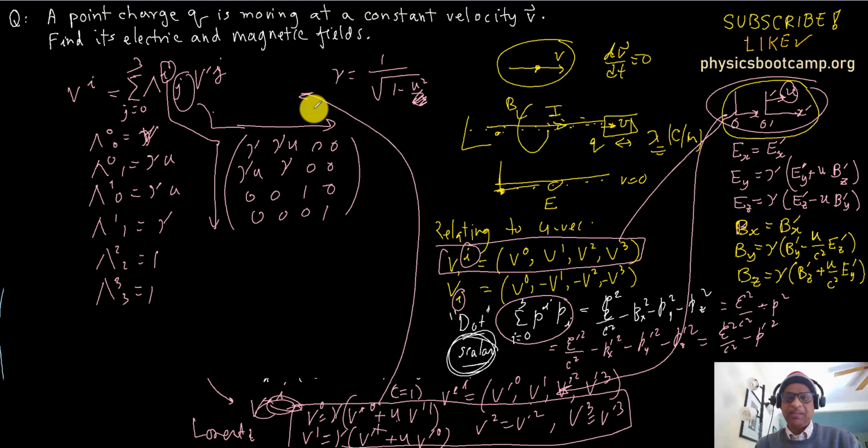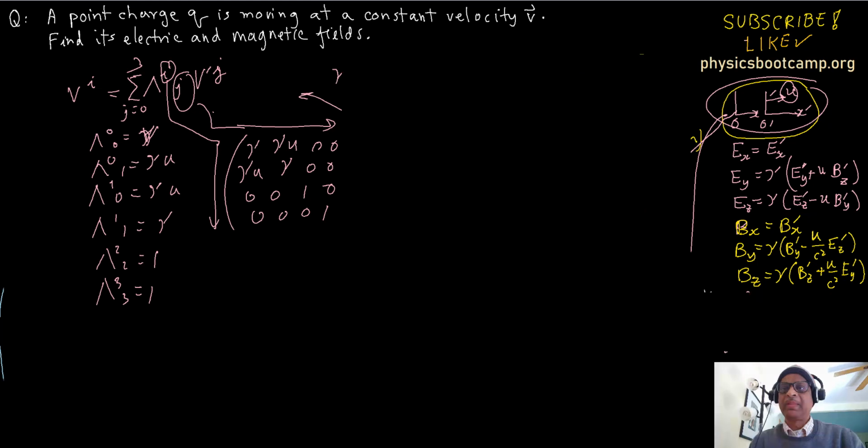Now we can have properties which have two indices. We call them rank-two tensors. So it can be something like some property A which has two indices, both upper.